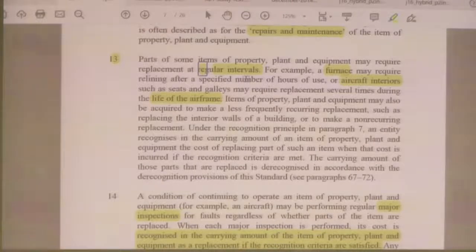Therefore, if you replace interior designing and everything, seats of aircraft, those are what? Regular replacement. So these are major replacement. You identify it as major replacement. Another example they have given in the standard, a furnace may require relining after a specific number of hours.